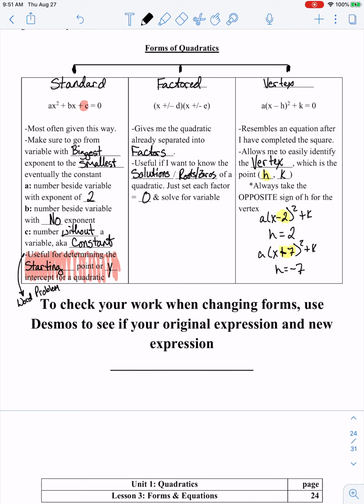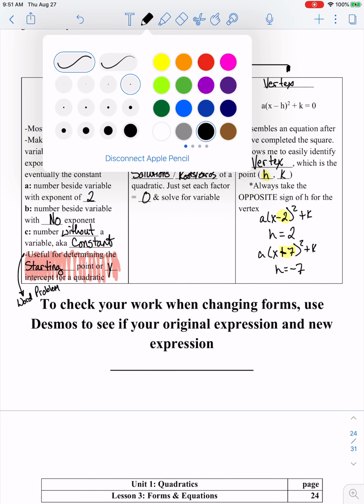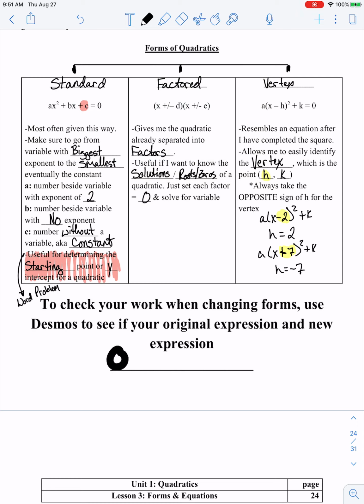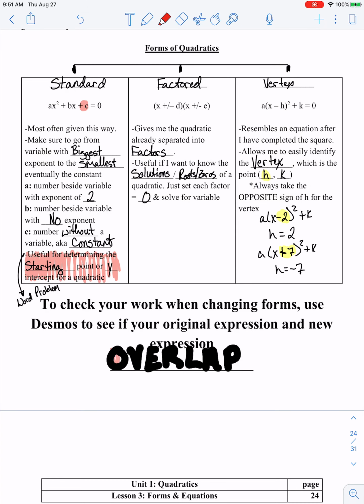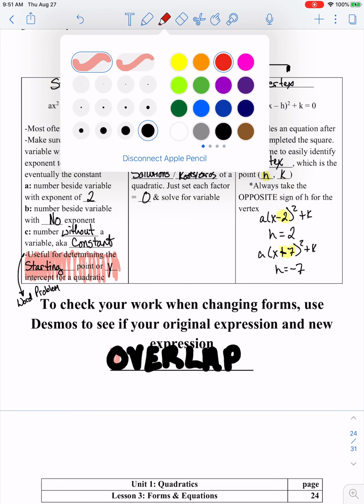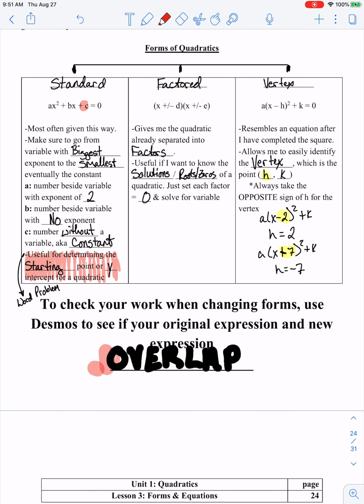Use Desmos to see if your original expression and new expression overlap each other. If they overlap, then you have done the work right and you successfully changed forms of quadratics.